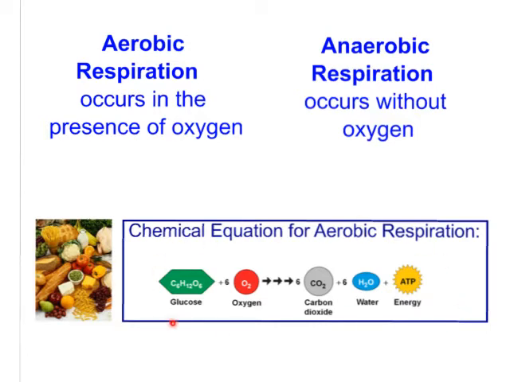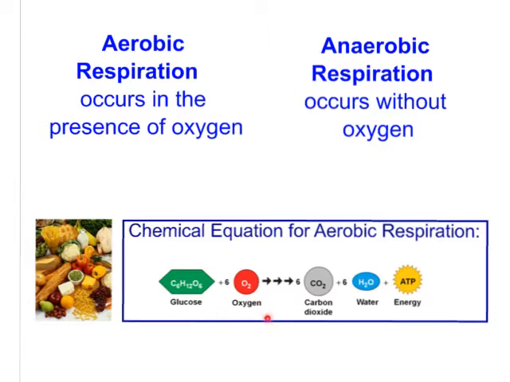And this is the chemical formula for that. Just as we had a chemical equation for photosynthesis, we can also write aerobic respiration with a chemical equation. And we start with glucose, and that's the chemical formula and the compound of glucose. You don't need to remember the chemical formula or memorize it for the test, but it's important just that you be able to see it and start getting familiar with it.